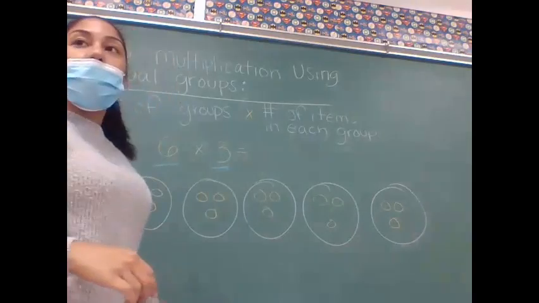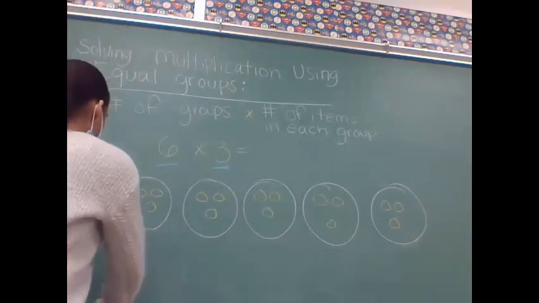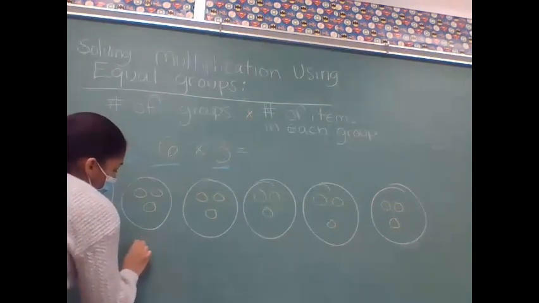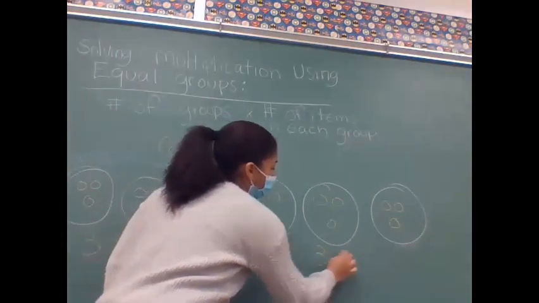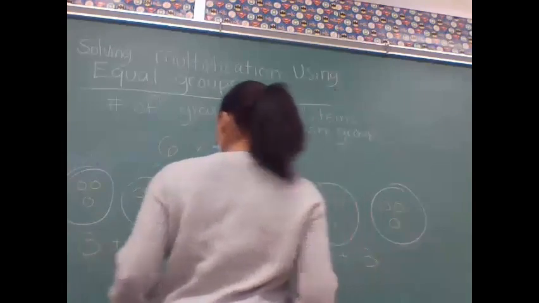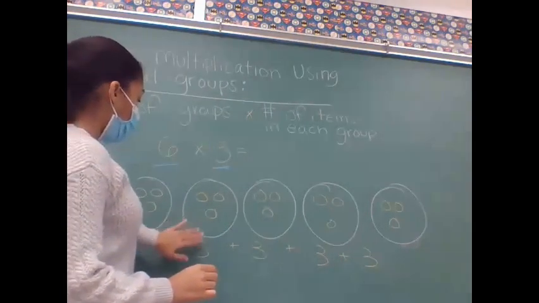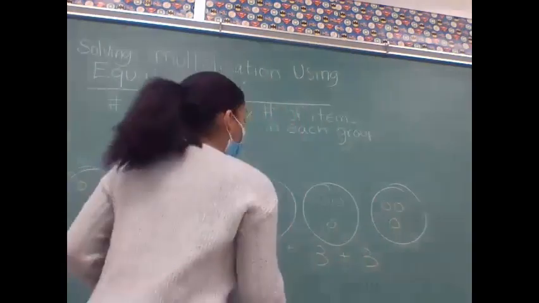How would we write this as repeated addition? 3 plus 3 plus 3 plus 3 plus 3 plus 3. So we have 2 threes, 3 threes, 4 threes, 5 threes, 6 threes.